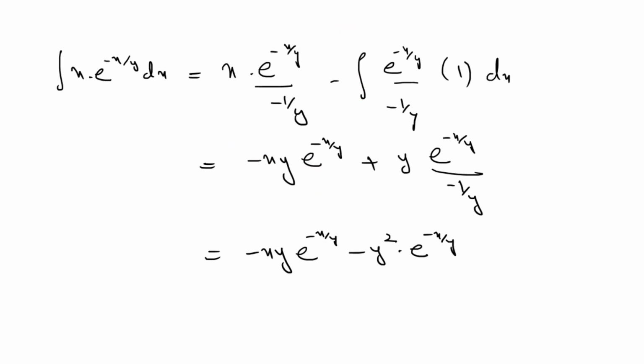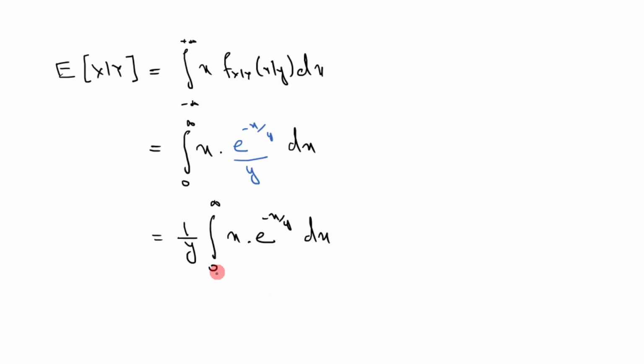So if we evaluate it from 0 to infinity, for this definite integral which has lower limit 0 and upper limit infinity, it will be equal to y square. So let us put this value in this expression.